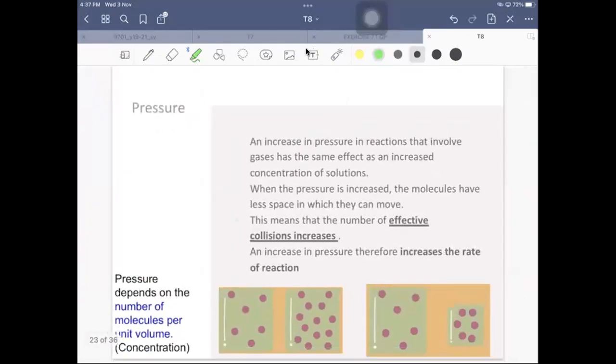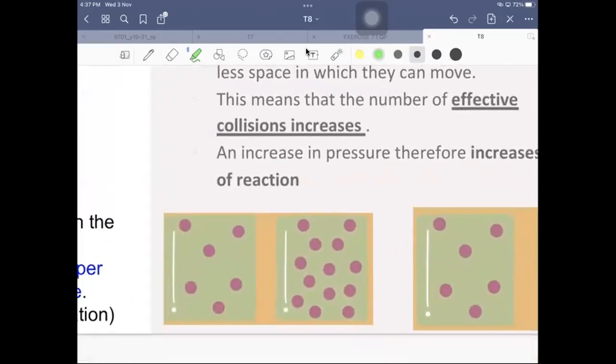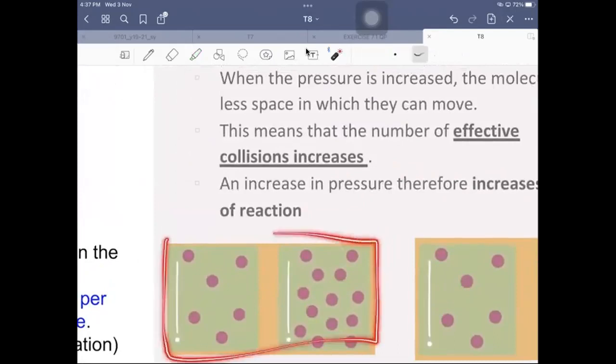Moving on to pressure, as I said just now, pressure and concentration work the same way. It's just that pressure is more relevant and applicable to gases, whereas concentration can be in liquids or in gas, right? So an increase in pressure, well, there are two scenarios where our pressure can be increased. First, looking at this diagram, if we increase the number of particles.